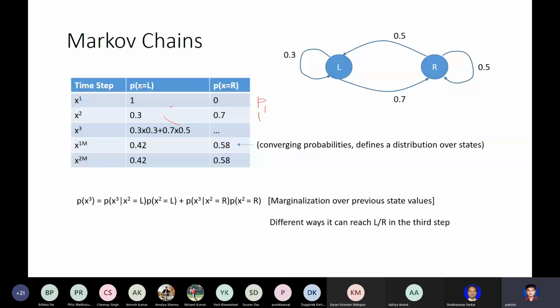That means the probability that the person is in state L and the probability that the person is in state R at the first time step is also changing with time. These probabilities are also evolving as we advance in time in the simulation.